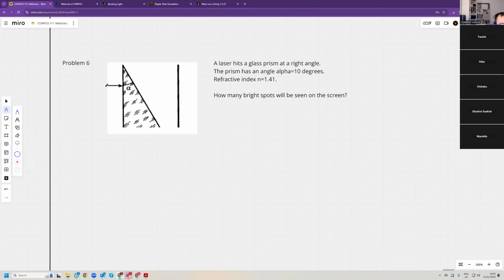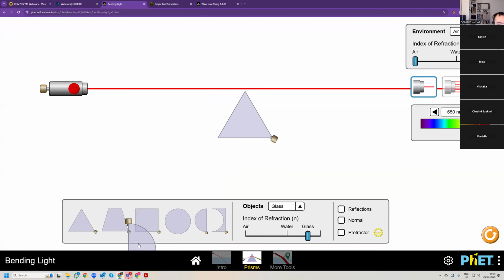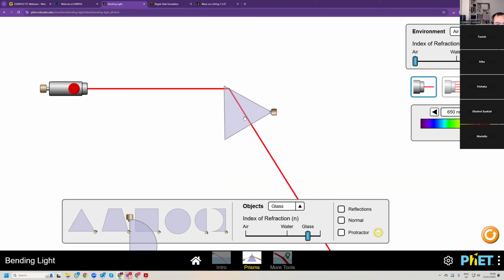Let's try to imagine. So light enters the glass prism. So it's sort of like this. One side is rough. So you can immediately see that the light doesn't enter because the angle is so large.